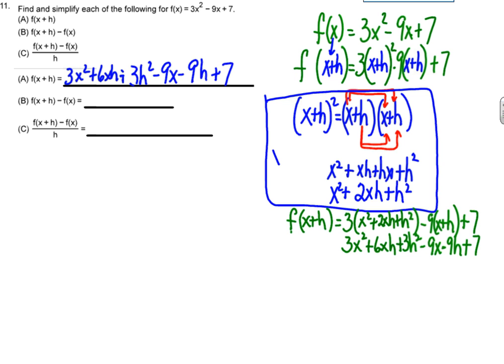So the next thing we want to do is, let's write that here. Let's continue with B. Now we're going to subtract the given function from what we already have. So I'm going to use a different color and rewrite this.